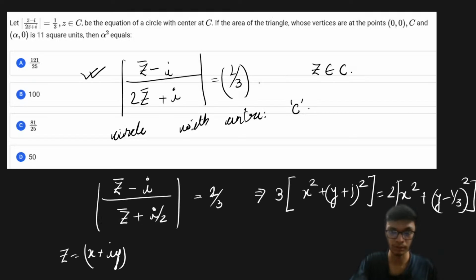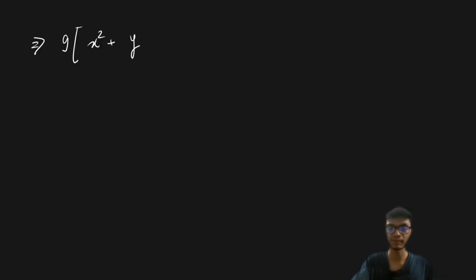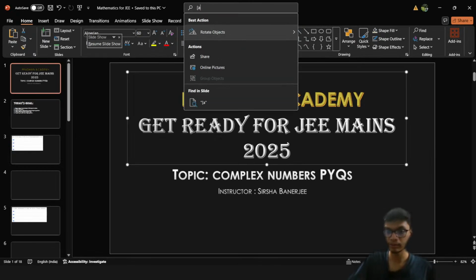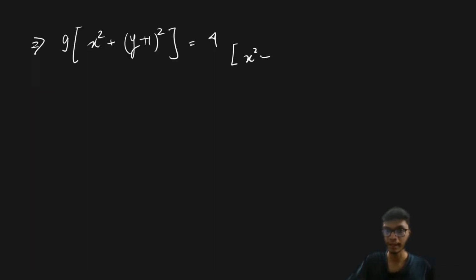Now I'm going to simply take the square on both the sides. So I will have the expression as 9 into x square plus y plus 1 whole square, and I forgot to write the square root part over here. I hope this part is clear. And it is equal to 4 times x square plus y minus 1/3 whole square.